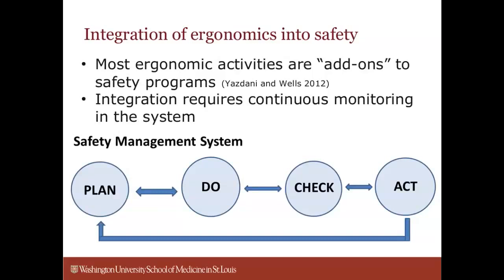This cycle, in essence, says that you have planned the safety program activities that you want to deliver on the site. You deliver the programs or do the program as you intended. Then you check or look at your leading indicators to tell whether or not the program has been delivered as intended and is giving you the results that you want. And if not, then you need to act and make changes.